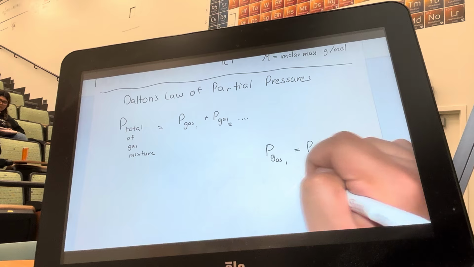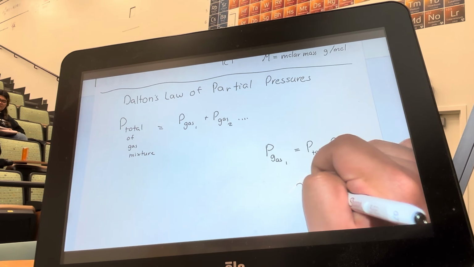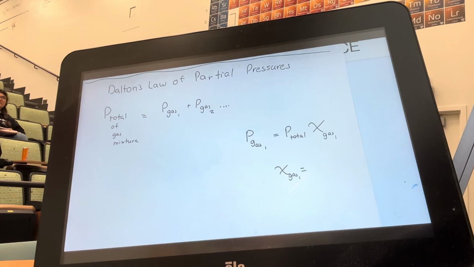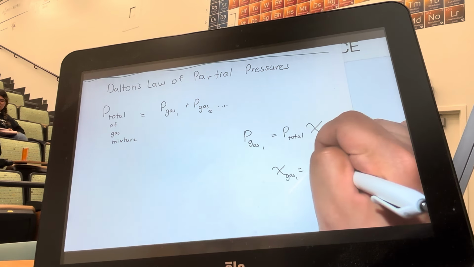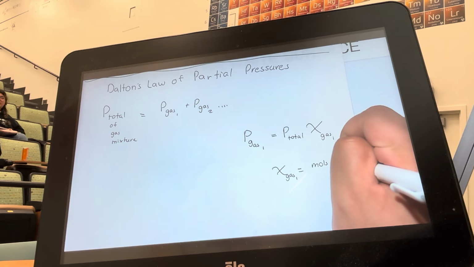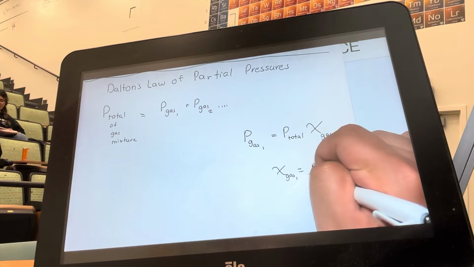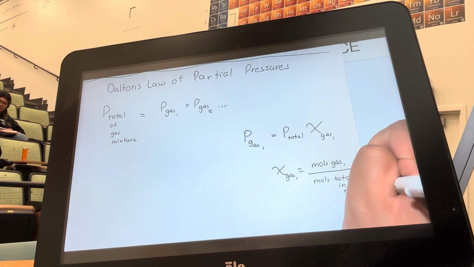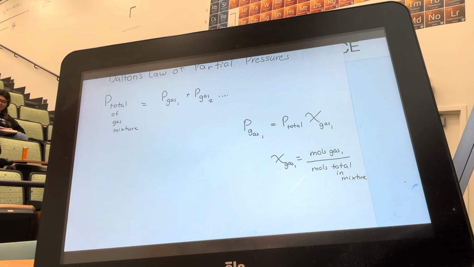So what is X of gas 1? The X of gas 1 equals the moles of gas 1 divided by the total moles in the mixture. So when we're doing a law of partial pressures problem, which I think we have somewhere here, which is important in my opinion.